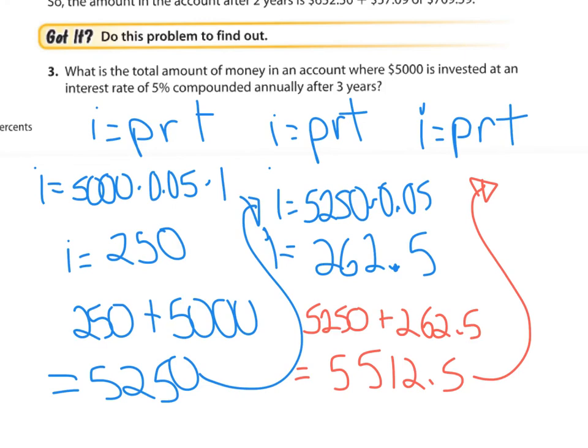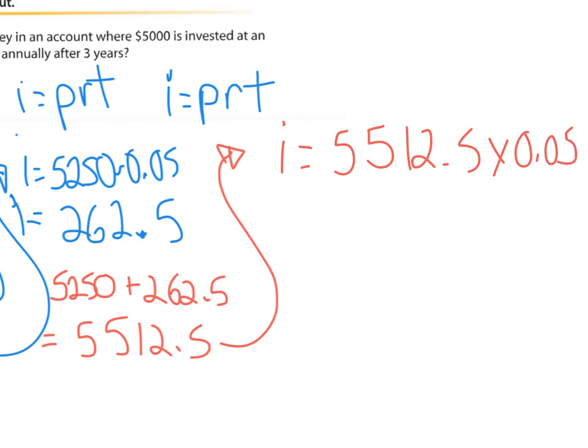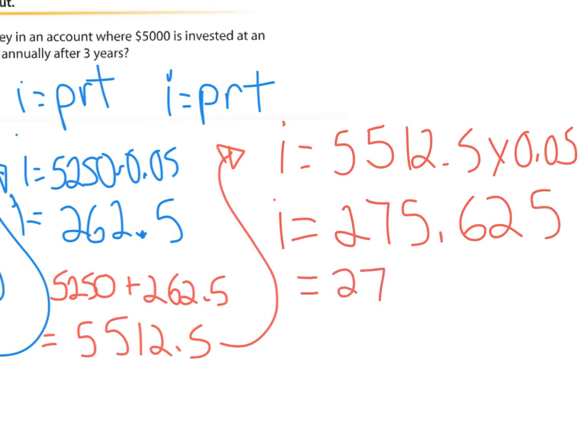Let me make some room here. And let's write down our new amount. Our interest for our third year is our principal, 5,512.50, again, times 0.05. And our interest for that amount is $275.625, or we can just say 275.63, right?